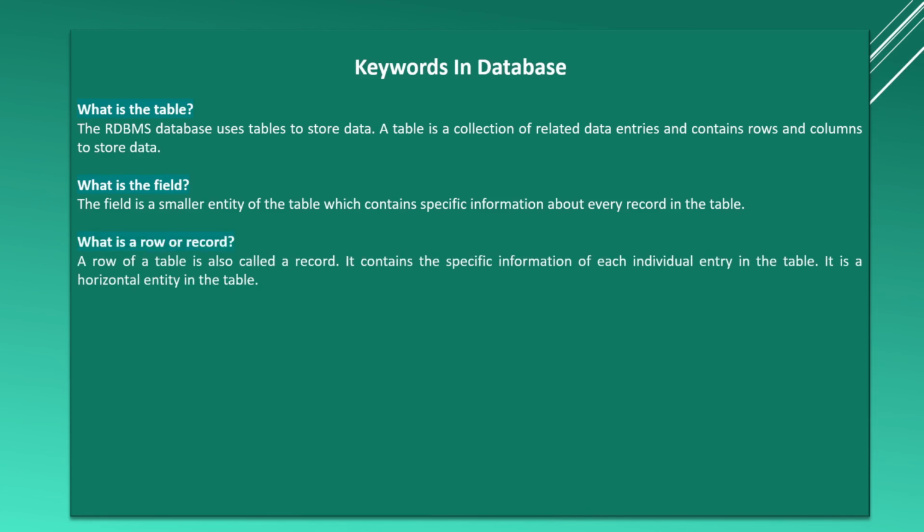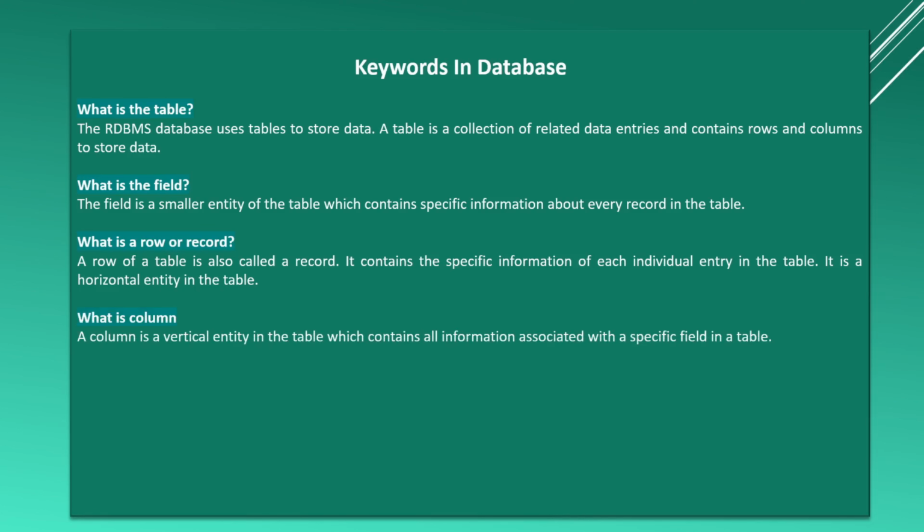Next is row. What is row or a record? A row of a table is called record. It contains the specific information of each individual entry in the table. It is a horizontal entity in the table. Then column.